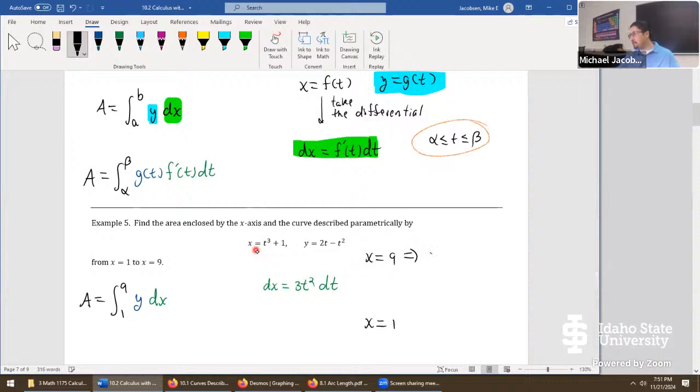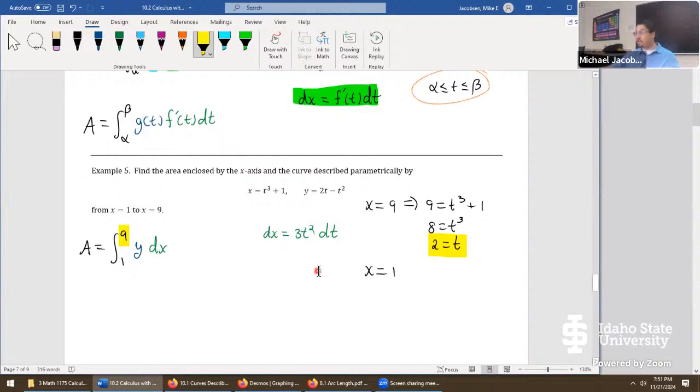This will imply 9 is t cubed plus 1. Then from this equation, we have 8 is t cubed. And look how magically the numbers are kind of working out. Cube root of 8 is 2. We take that real number solution, and that should be our upper limit of integration. So 9 goes to 2 on this one. Does that make sense to folks so far on how we're changing these limits?